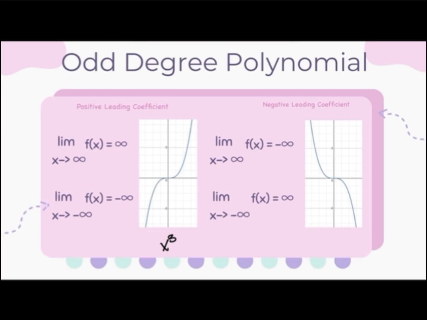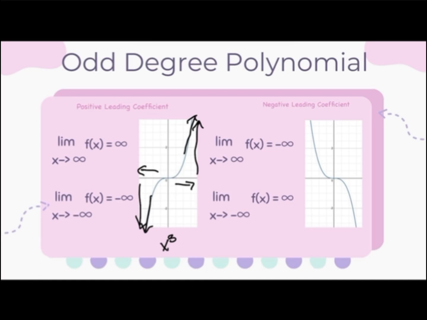As x approaches infinity, f of x also approaches infinity. We can see here as x gets bigger, f of x also gets bigger, and it points up to infinity. And the limit as x approaches negative infinity, f of x also approaches negative infinity, which means it points downwards.